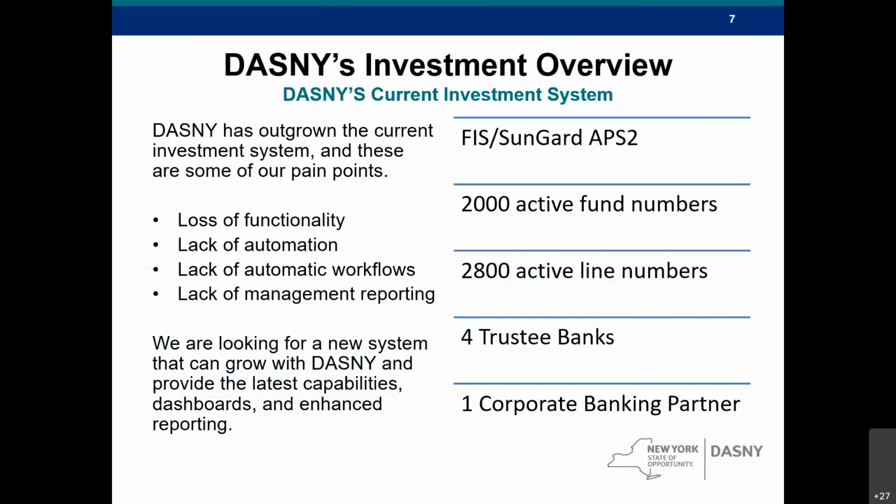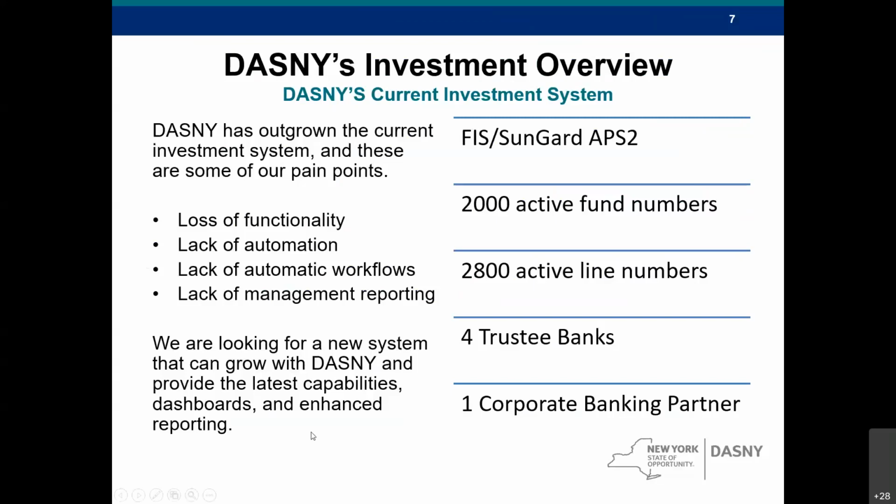However, we have over 7,000 accounts within the current system that contain matured or expired activity we maintain for historical reporting purposes. DASNY is looking for input with your proposal as to what the industry standard or best practices are as to how much data needs to be brought forward into the new system.